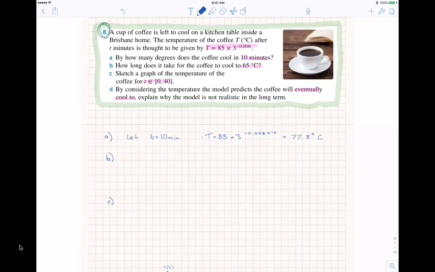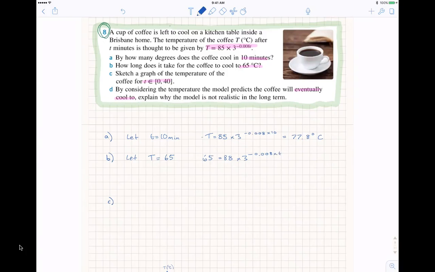The second part, B: how long does it take for the coffee to cool to 65 degrees Celsius? This time we'll let capital T equal 65. So we'll have 65 equals 85 times 3 to the power of minus 0.008 times t.